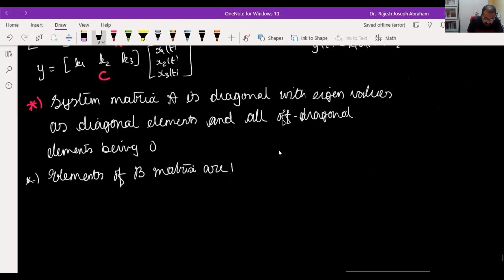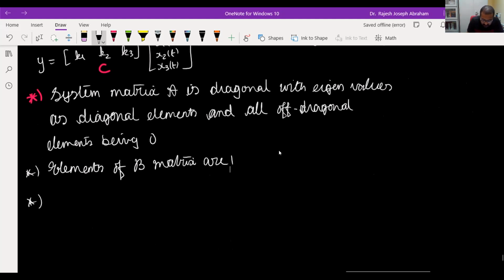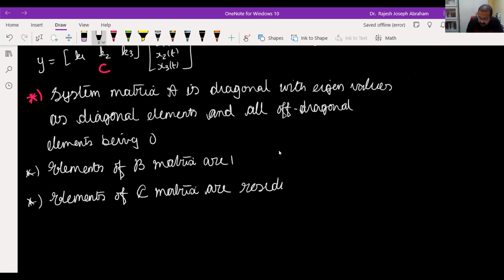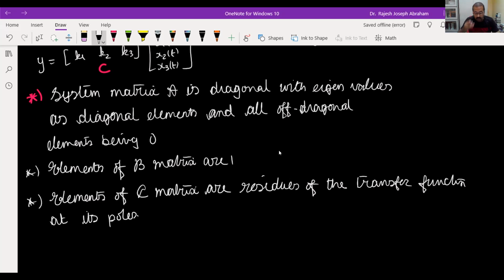Then elements of the C matrix are residues of the transfer function at its poles. Okay, so that's about the diagonal canonical form.